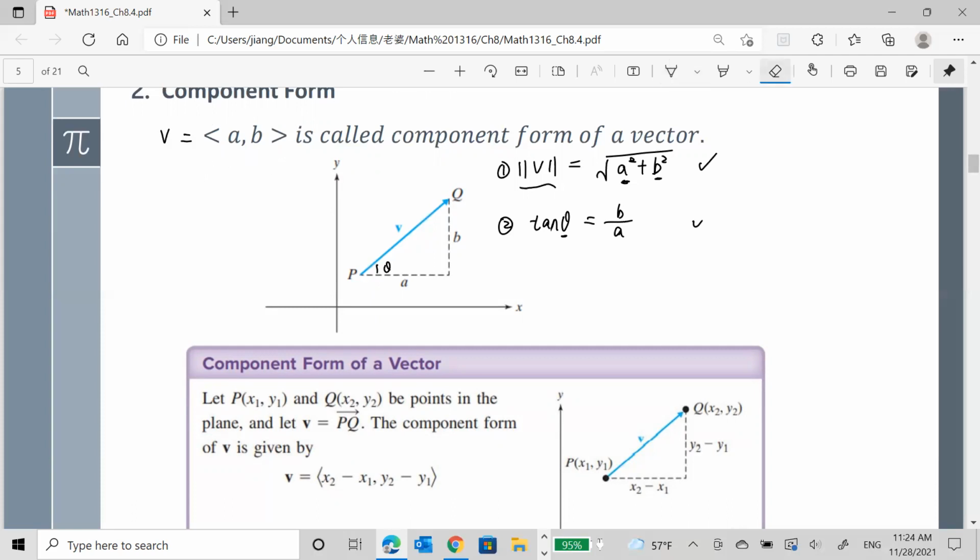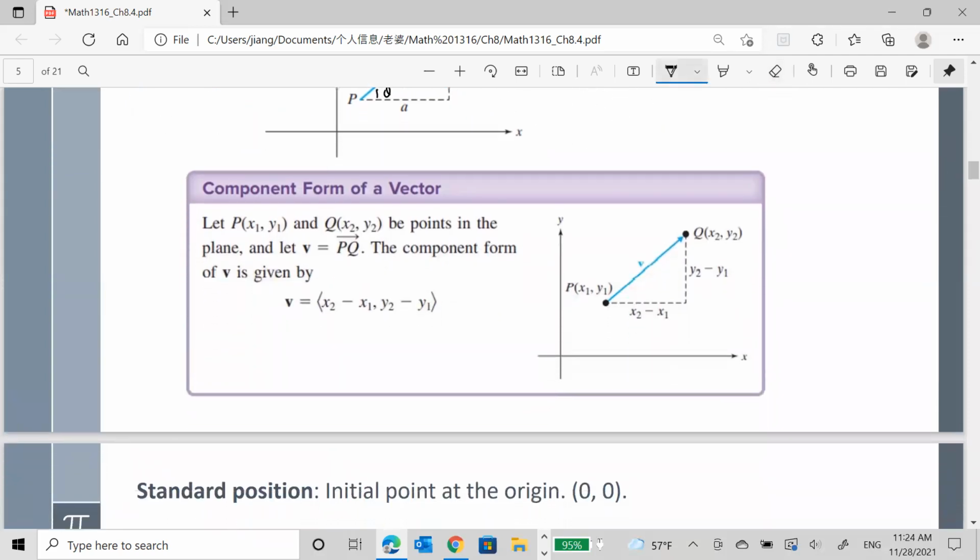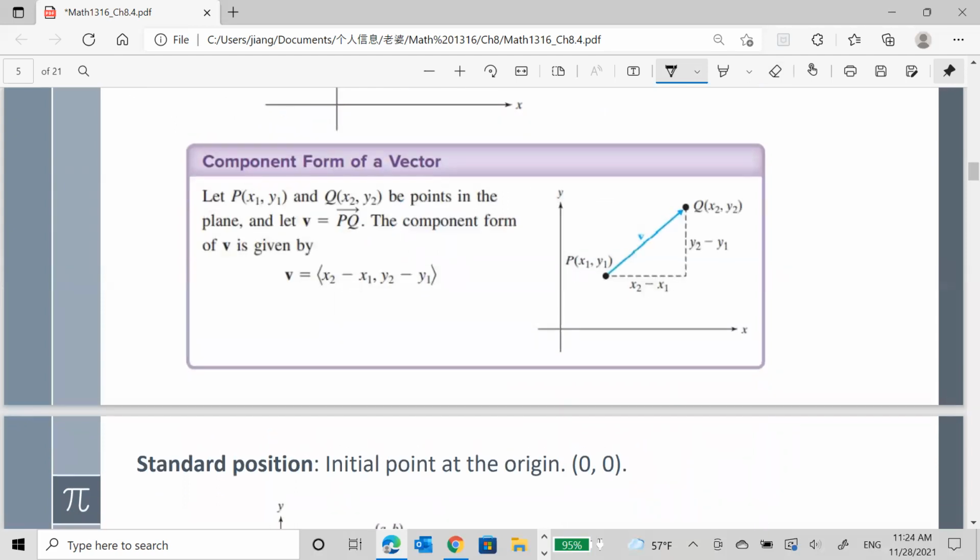Okay, let's move on to see this. Component form of a vector. Let P be the starting point x1, y1, and Q be the terminal point or end point x2, y2. So they are points in the plane, and let V be PQ.